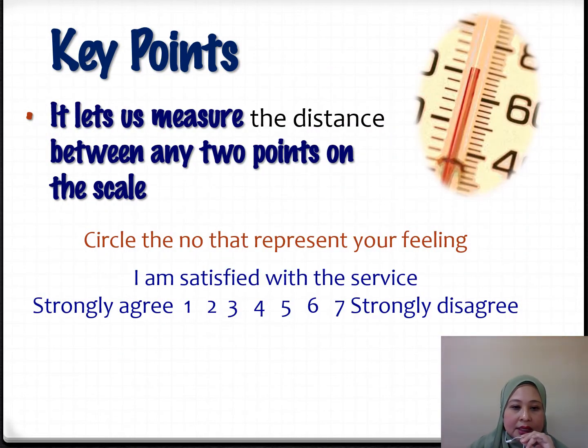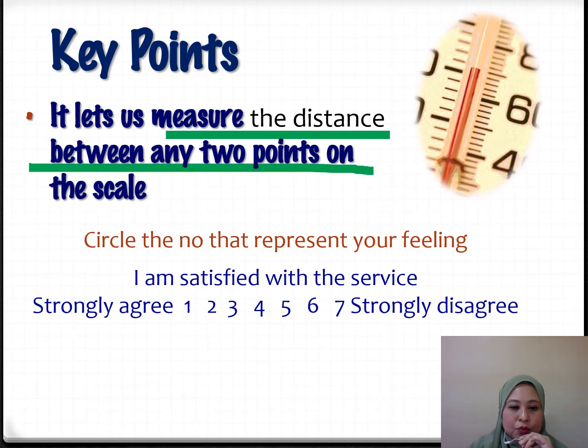The key point here is to measure the distance between any two points on the scale. Look at the example I gave here. Usually you will see that people read 1 as strongly disagree, 7 as strongly agree. Well, it depends on the researcher.